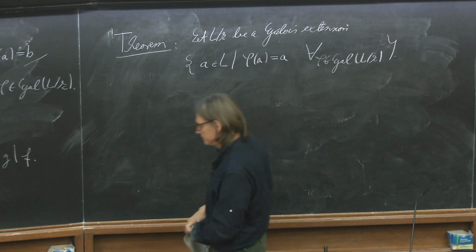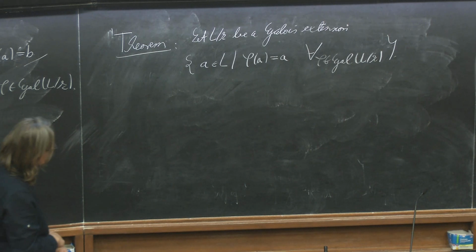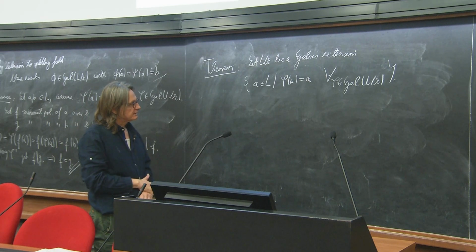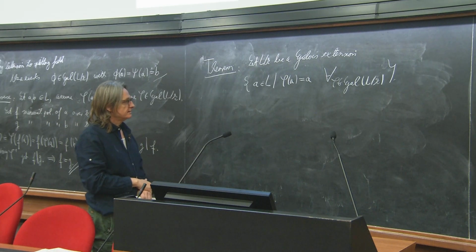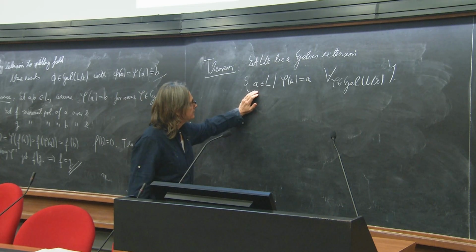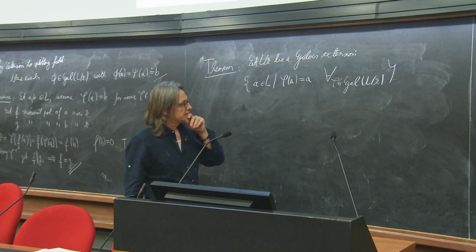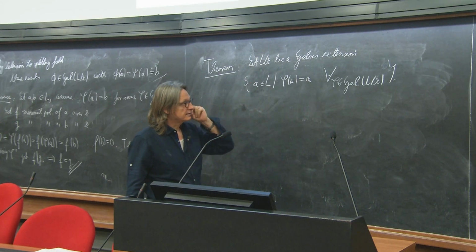Okay, what could this be? If there's any unique answer to this, the only possible answer could be that this is K itself. And that's indeed the case. If an element in the bigger field is invariant under the whole Galois group for a Galois extension, then it must already lie in K.